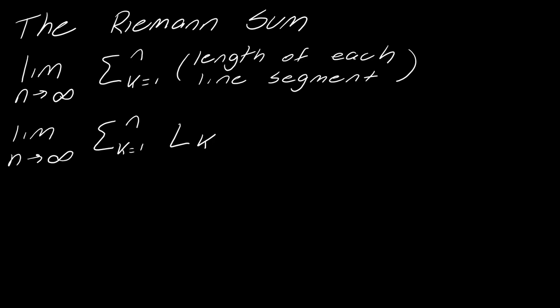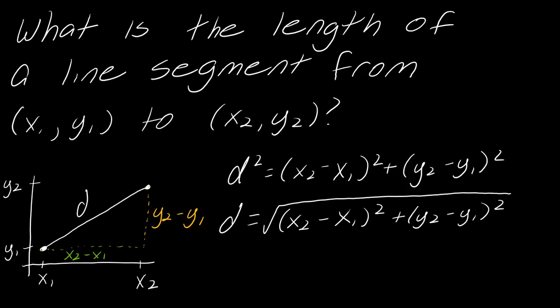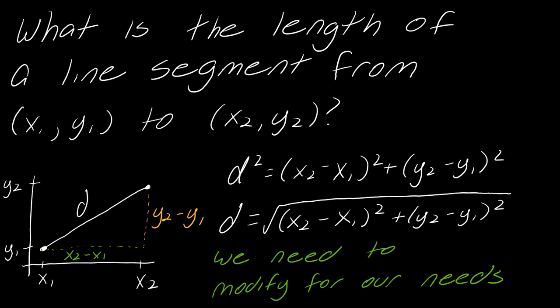Okay, so now we're talking about line segments here. So I'm probably going to go back to this idea that we were just talking about, and we just need to modify this formula for our needs. So this is going to come full circle. For now, I just want to change the way that we're thinking about this a little bit.